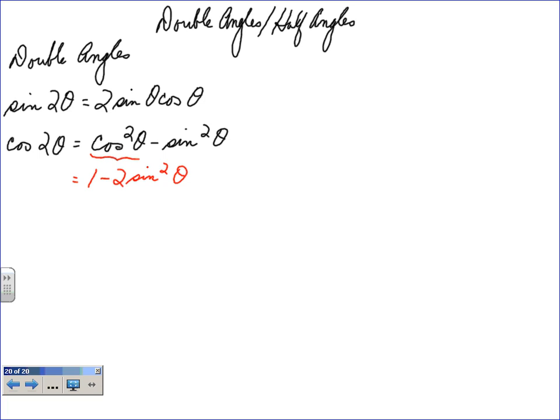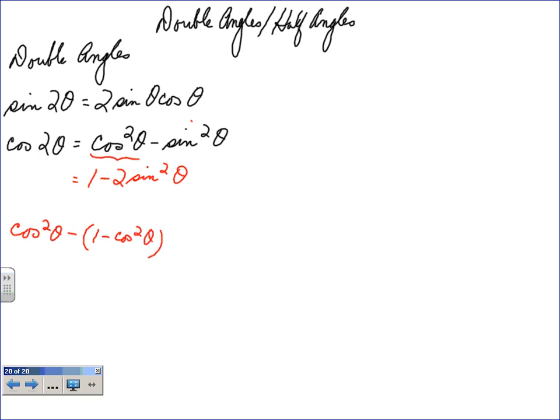And what is sine squared theta? It's 1 minus cosine squared theta. Remember I told you guys, if you memorize as you go, it's going to make your life a lot easier. And so cosine squared theta minus sine squared theta, which is 1 minus cosine squared theta.